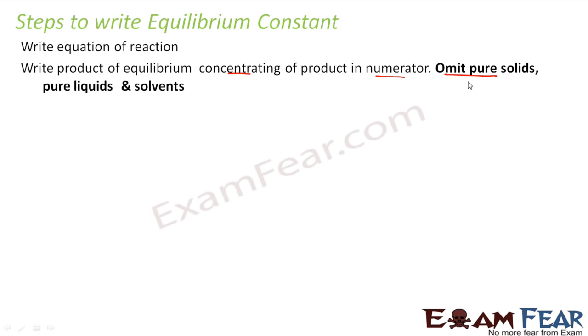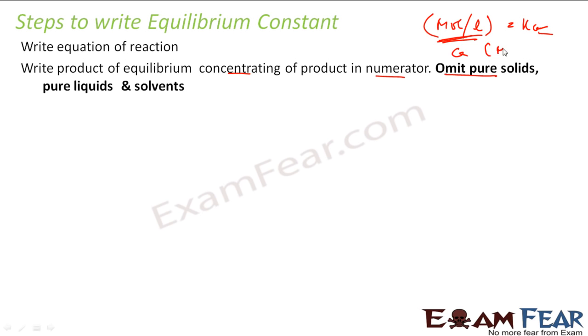Why? Because everything I will be writing in moles per liter. Moles per liter for a pure solid will be constant, right? Pure liquid also will be constant. Only for gases or impure substances, this value will change. For example, I have calcium.